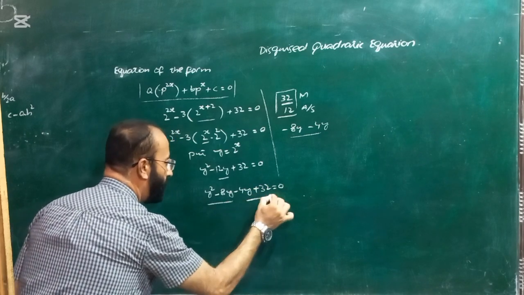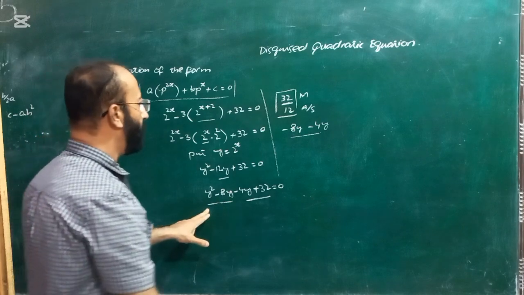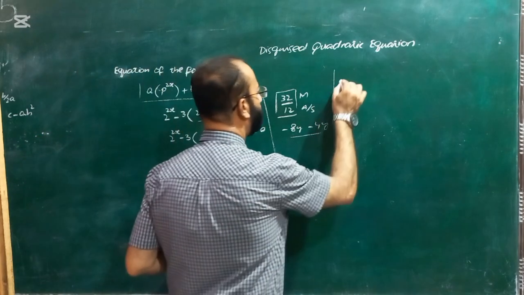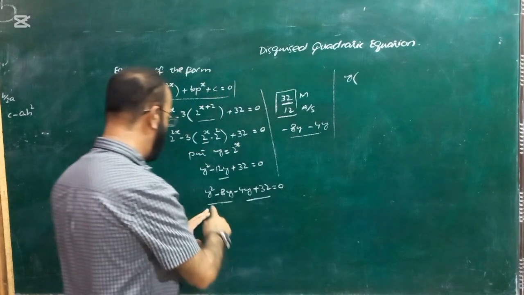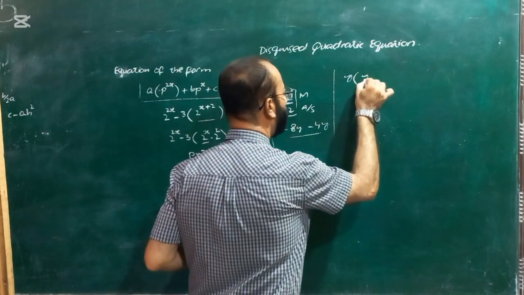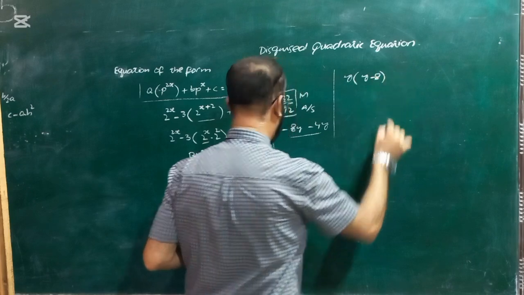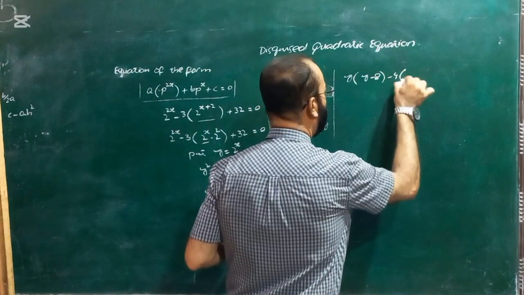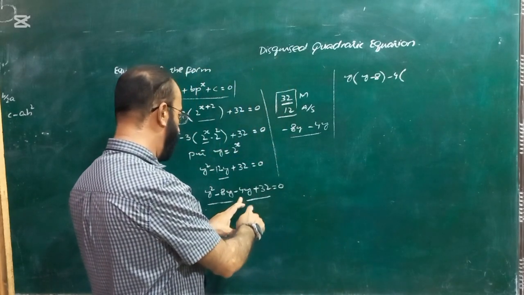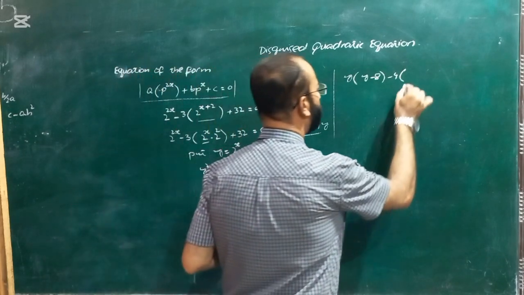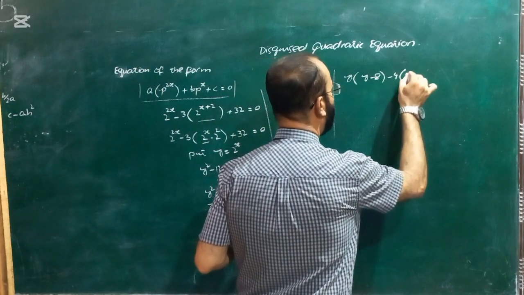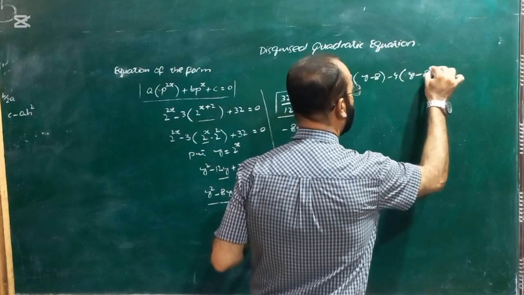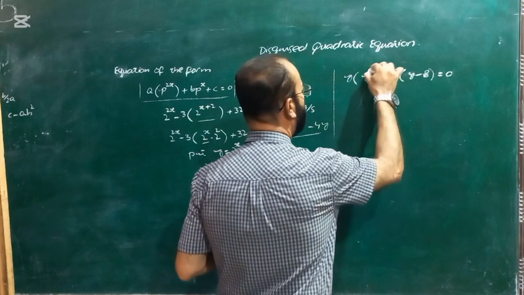So now make pairs, take common. So from the first pair, y is common, and the remainder will be y minus 8. From the second pair, minus 4 is common, and because of this minus sign, this sign will be changed, so y minus 8 will be the remainder inside the bracket, equal to 0 as it is.